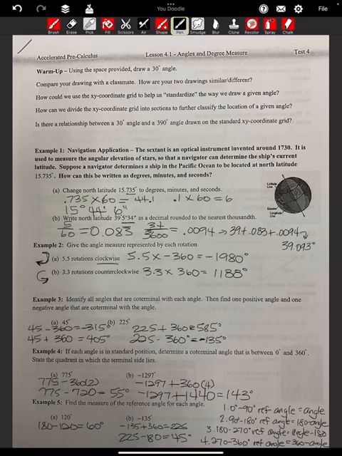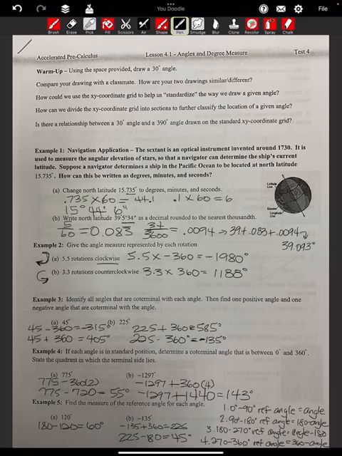Now for B, what you have to remember is that it is negative. When it's a negative number, you first of all have to add 360 to it, because our rules didn't say anything about negatives. So we're going to say negative 135 plus 360, which is 225.